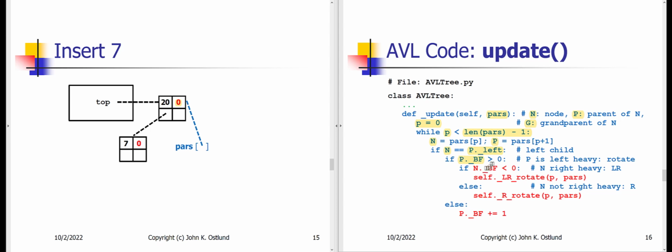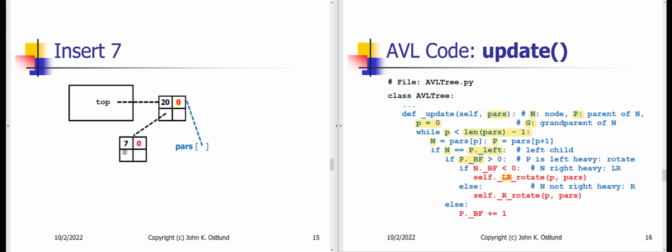And consequently, if this child node is a right-heavy node, that means that we have a left-right situation, and so we're going to have to do a left-right rotation.